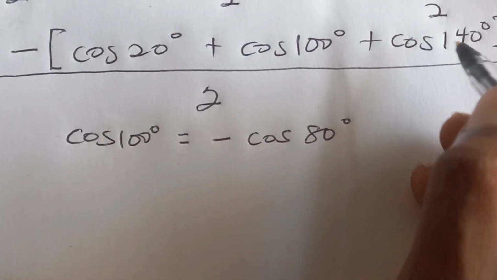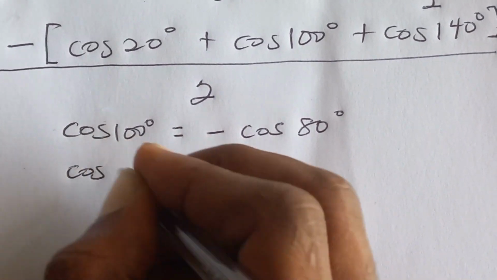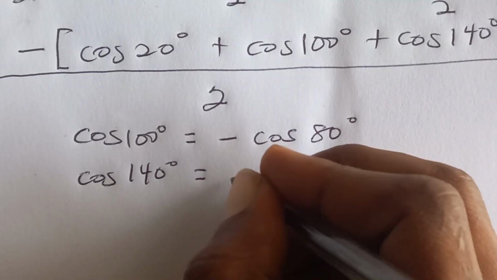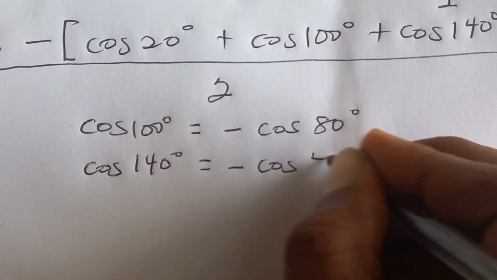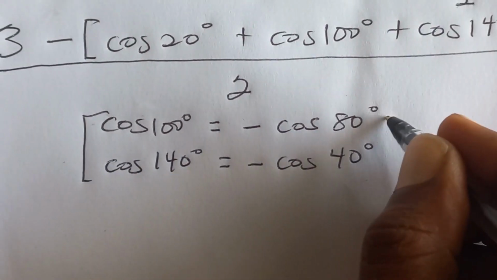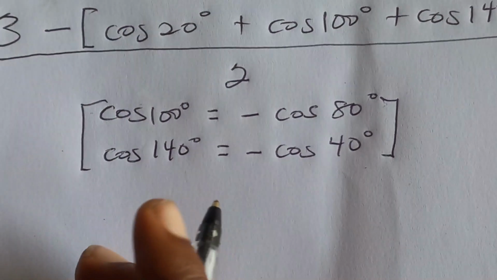And this 140, we can also express it as cos 140 degrees is equal to negative cos 40 degrees. Okay, so we can use this in the expression.